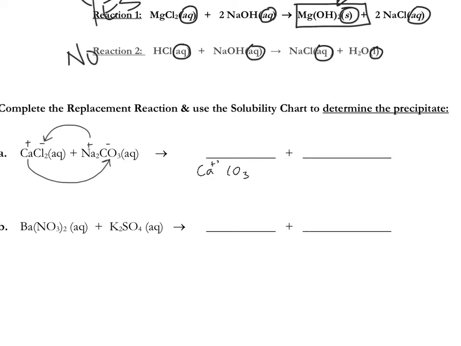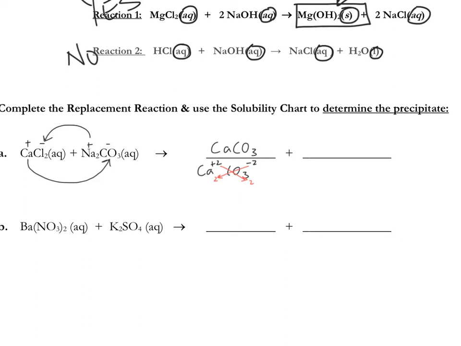Calcium has a +2 charge, and looking at your polyatomic list, carbonate has a -2 charge. So when I cross these two charges to figure out what the new compound will be, the 2 comes down here, the 2 comes down here, and the 2's are basically going to cancel each other out. So what you end up with is CaCO3 as one of my compounds.